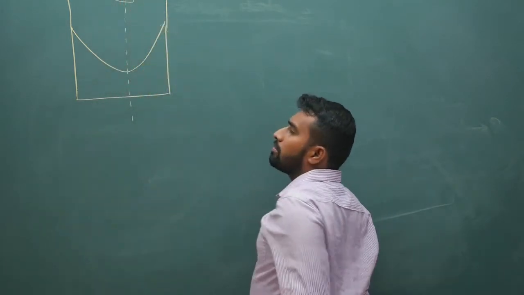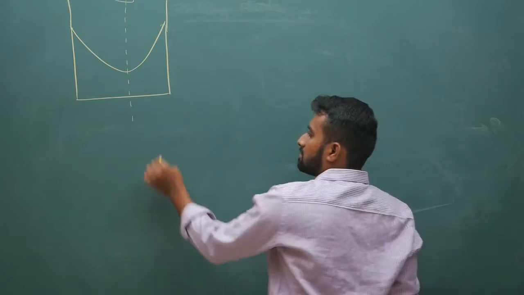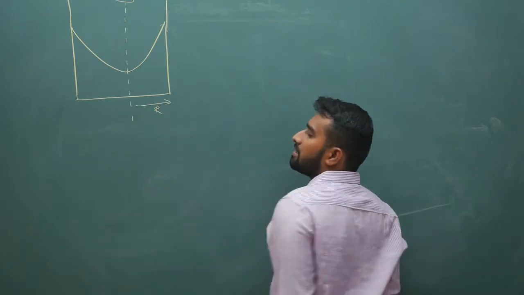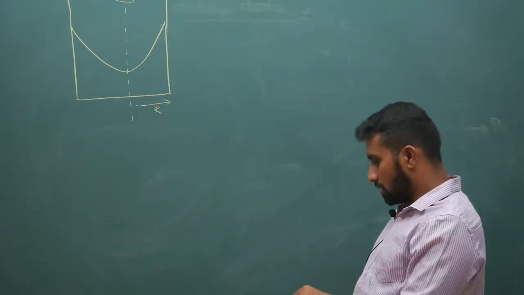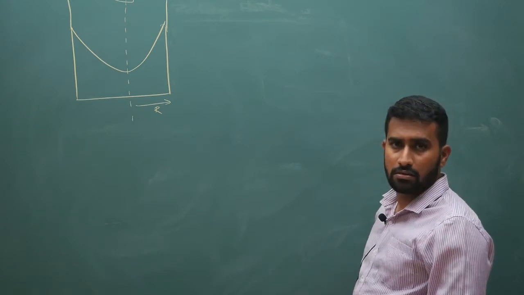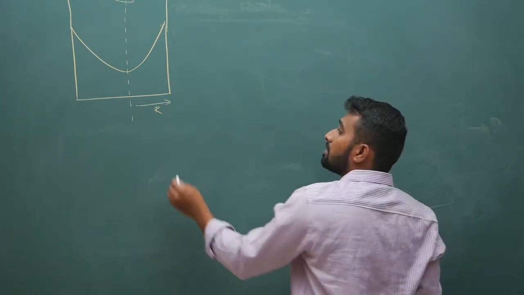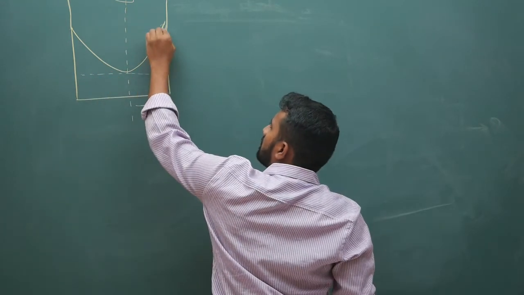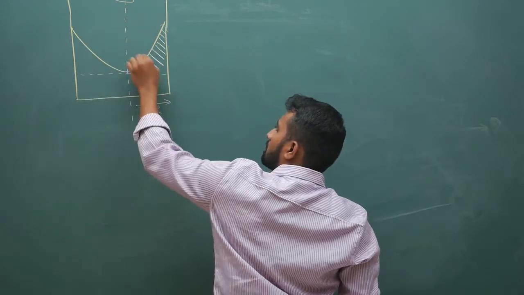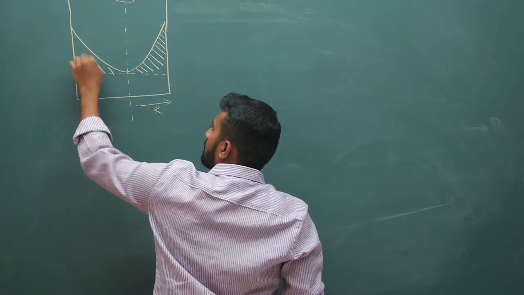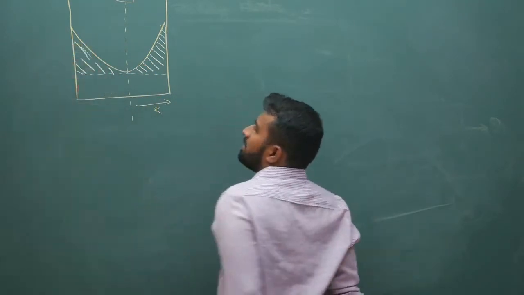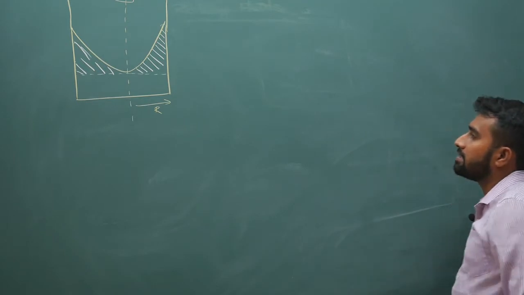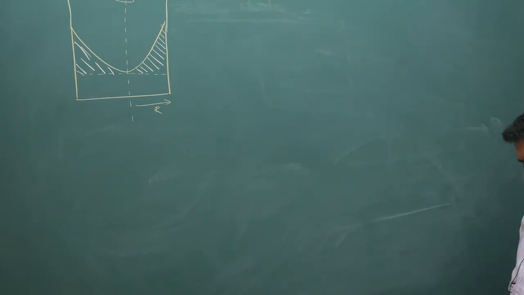This is your omega. Radius is r, a cylindrical container. If you are taking this portion, my target is to calculate the volume of the paraboloid.